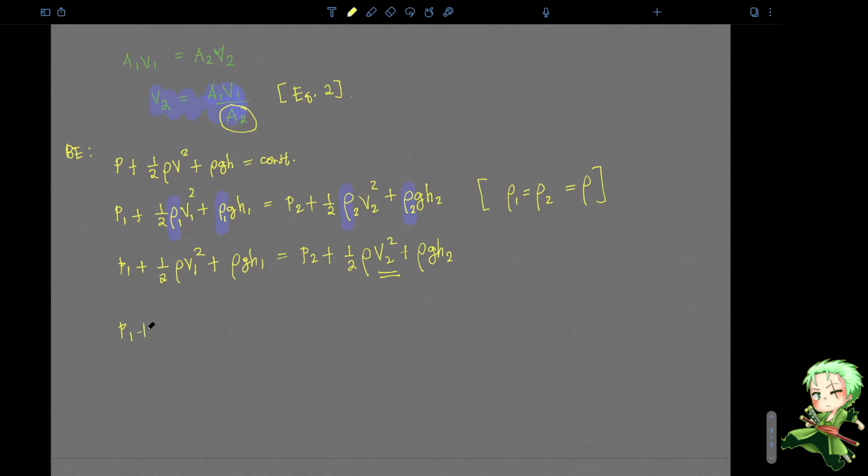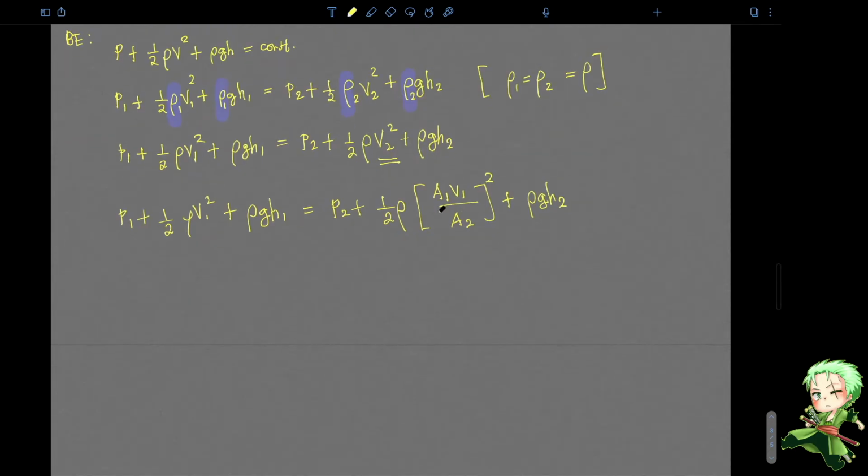So we have P1 plus 1 half rho V1 squared plus rho GH1 equal to P2 plus 1 half rho, and then substitute equation 2 here. So you have that is just A1 V1 all over A2 quantity squared plus rho GH2. Now, what I am going to do next is isolate the term that contains A2, which is what I desire to solve.